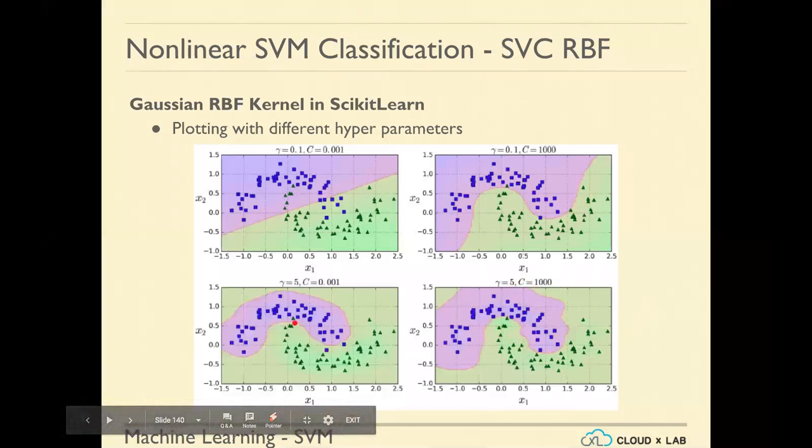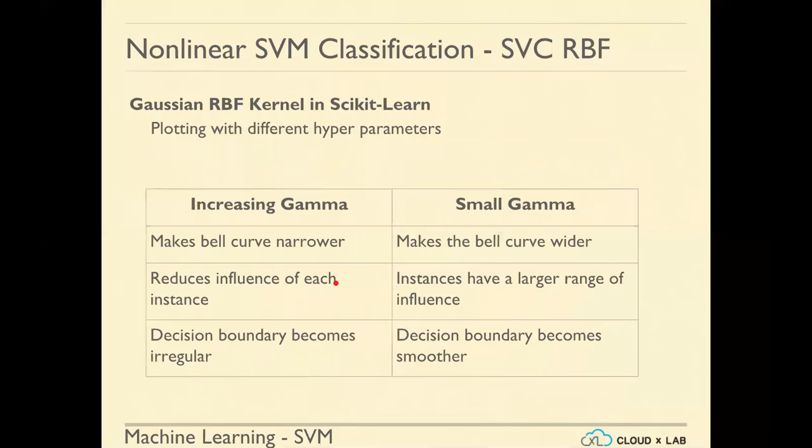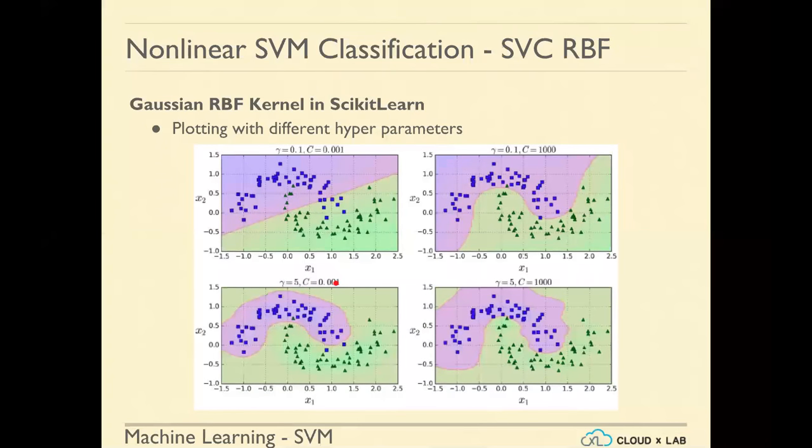And such as this outlier is there, here it has separated that outlier also. So you can see that as we increase gamma, the emphasis on each of the features is increasing, and hence it is able to separate them better. Okay, so you can see the difference.